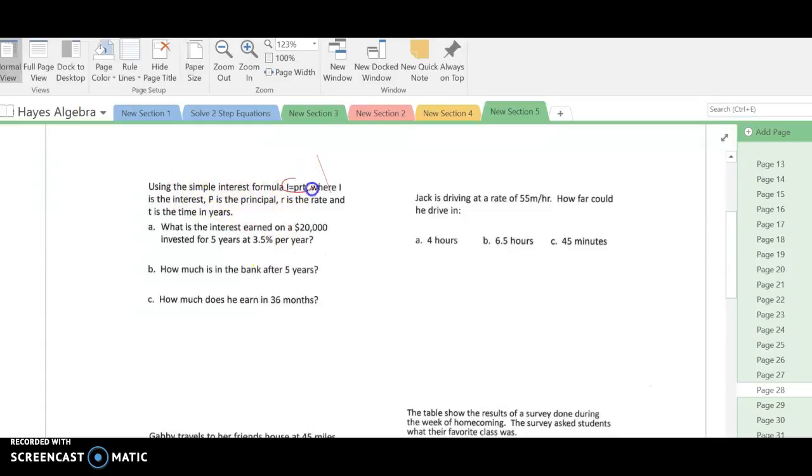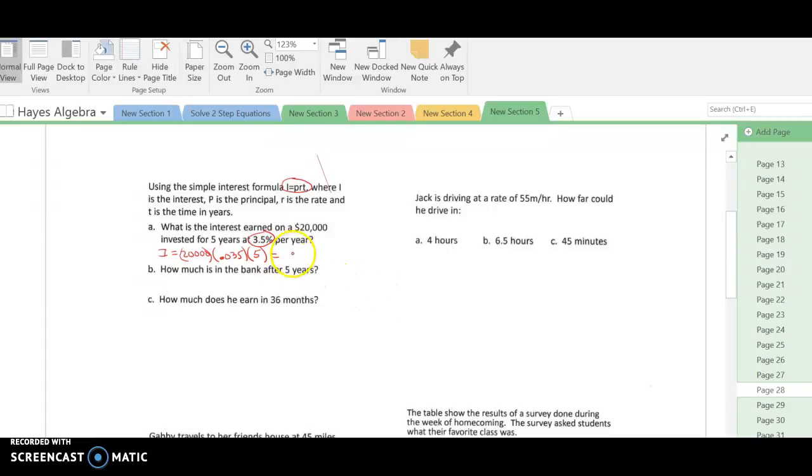All right, we know the formula is interest equals PRT, where I is the interest earned, P is the principal, R is the rate, and T is the time. So what is the interest on a $20,000 invested for 5 years at 3.5%? The interest earned would be the principal, 20,000, times the rate, 3.5%, but as a decimal 0.035, times the number of years, 5.